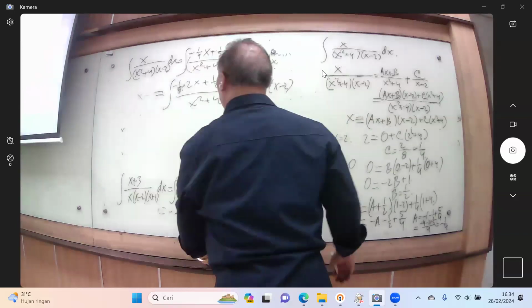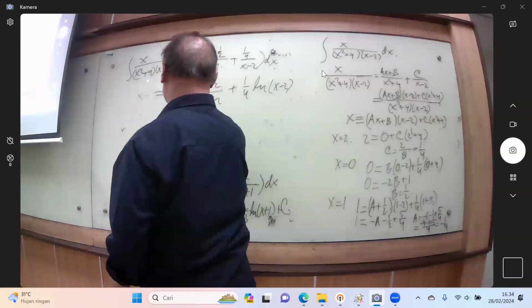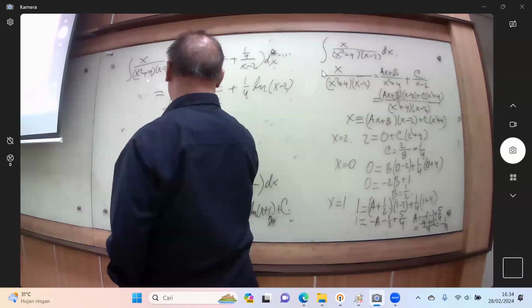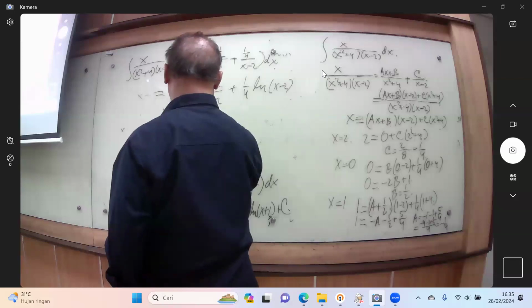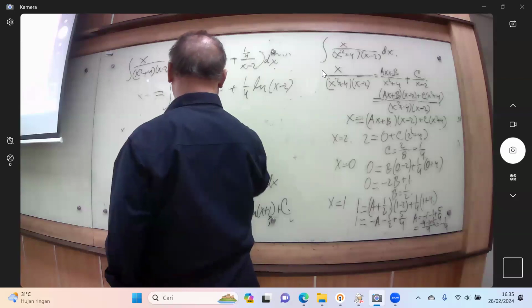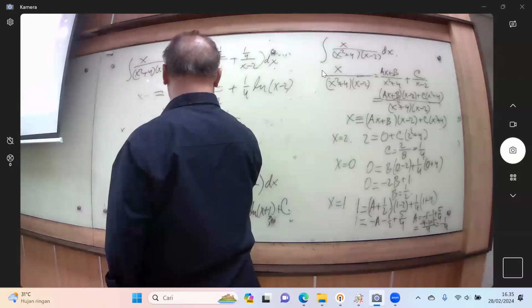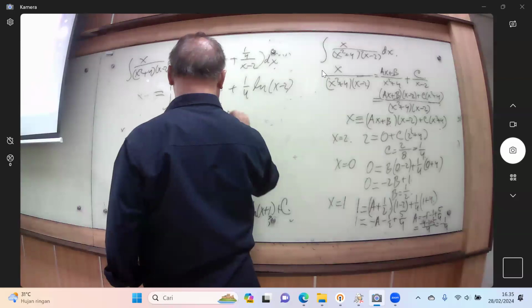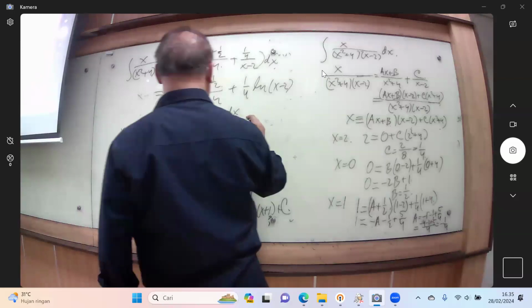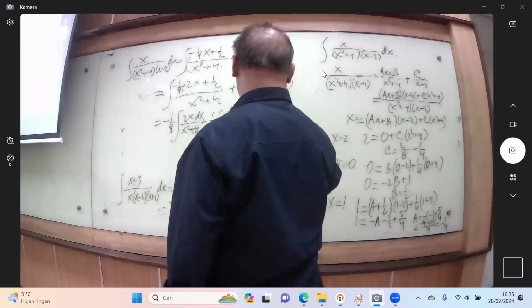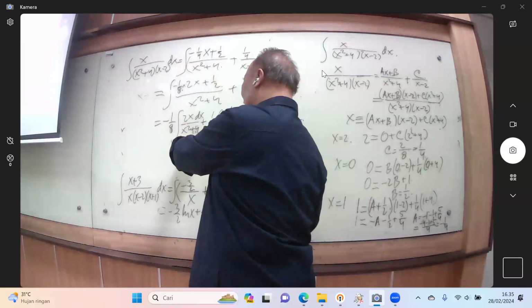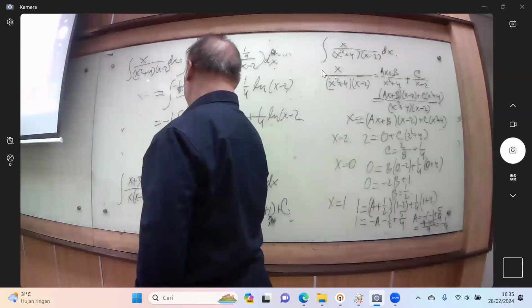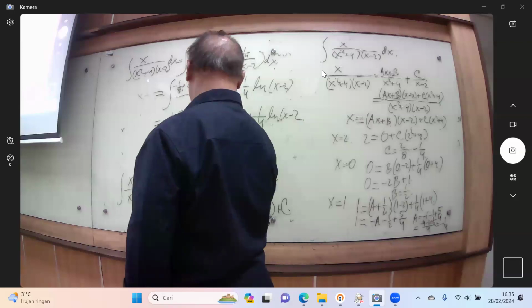So the first part equals minus 1 divided by 8 integral of 2x over x squared plus 4, plus half integral of 1 divided by x squared plus 4, dx, plus 1/4 ln of x minus 2. And because this one is the derivative of x squared plus 4, it becomes minus 1 divided by 8 ln of x squared plus 4.